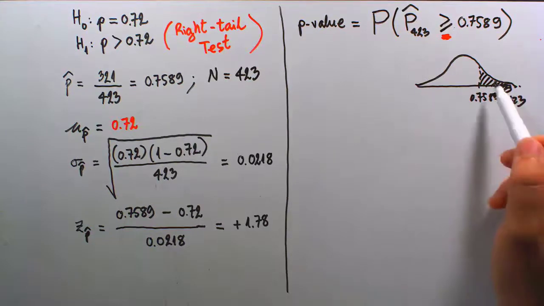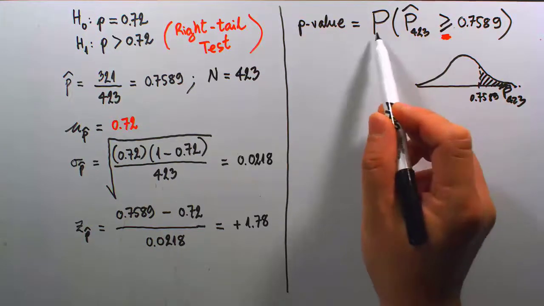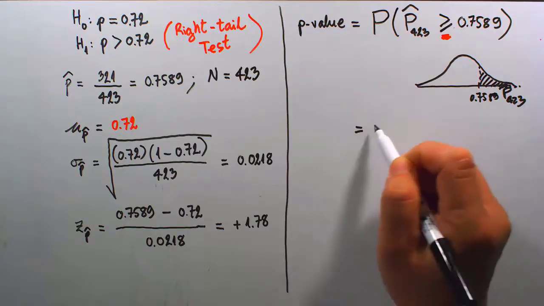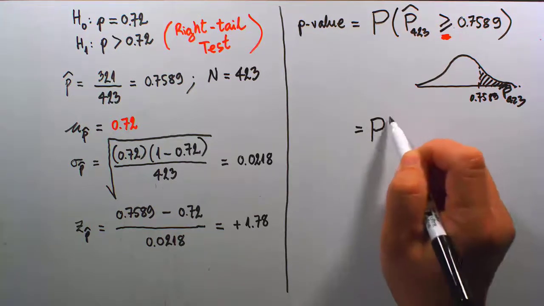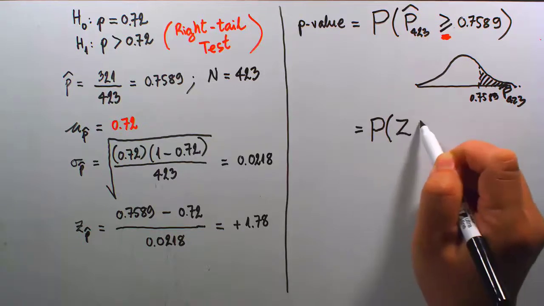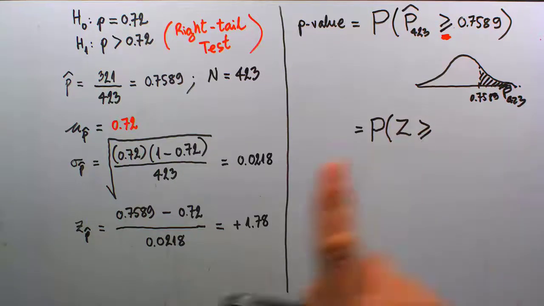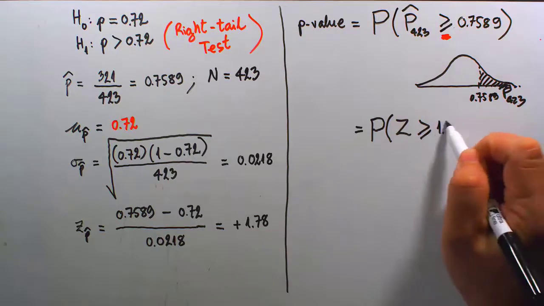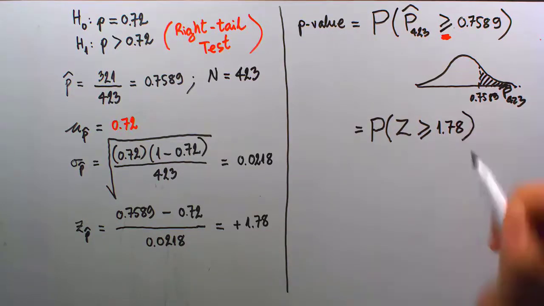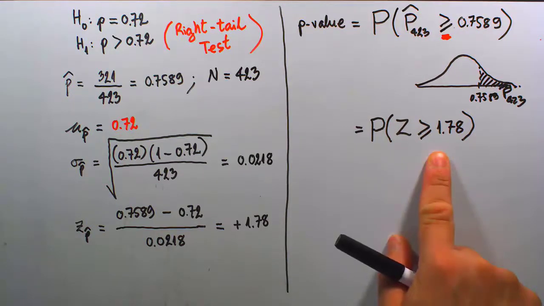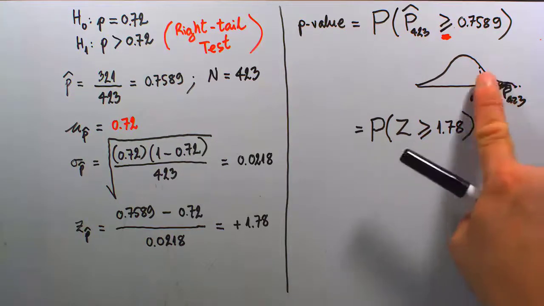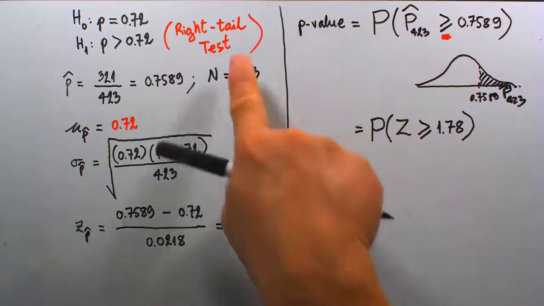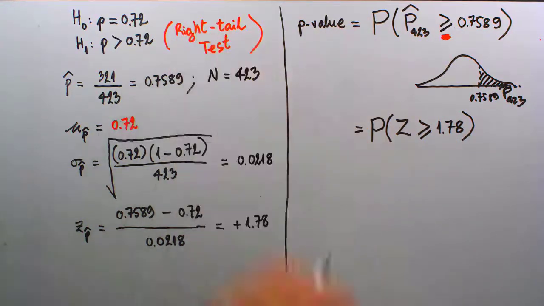To find that area, it is the same as, on the standard normal distribution, looking for the probability of having a z-score greater than or equal to, and this is where our z-score becomes handy, 1.78. And once again, let's check for consistency: our shaded area here is a right tail area problem, and this is consistent with our test being a right tail test.